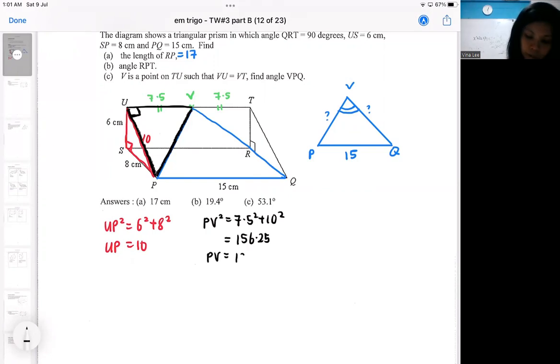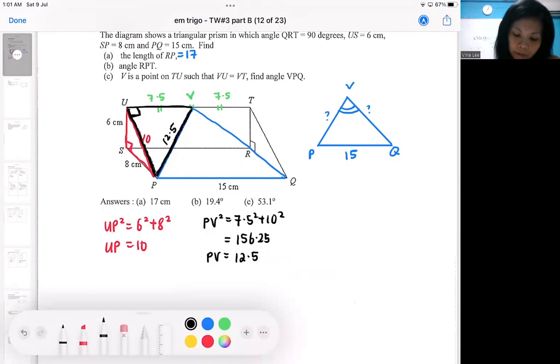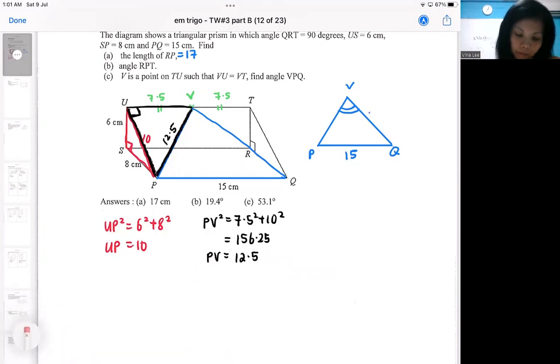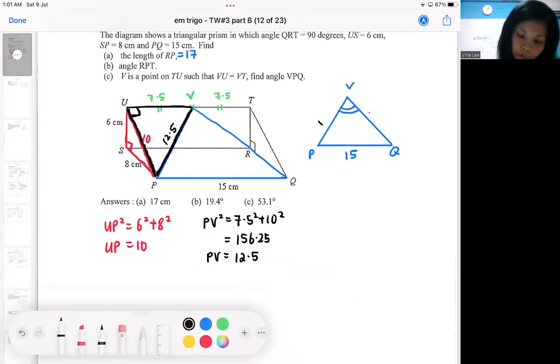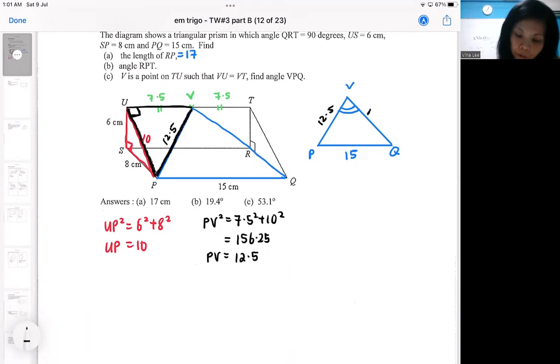So you take square root. So I got the 12.5. So you can do a cosine rule for this. So put on the 12.5, put on the 12.5, and then you try to do a cosine rule. So you give it a try to see whether you can find VPQ or not.